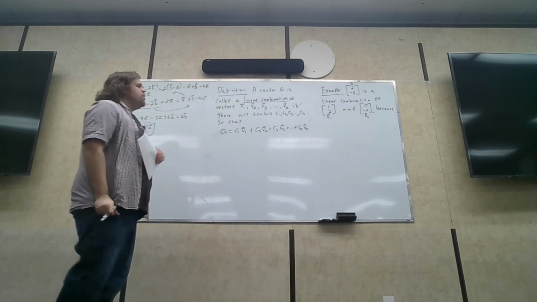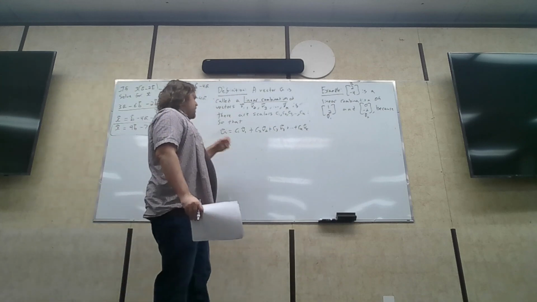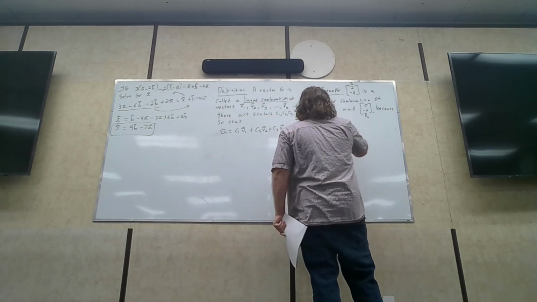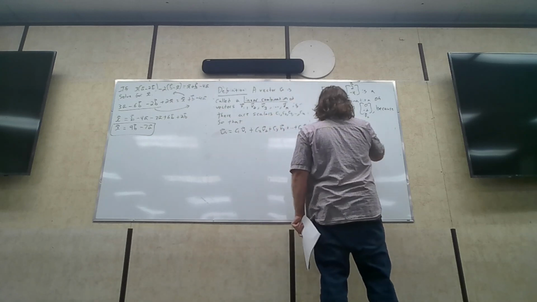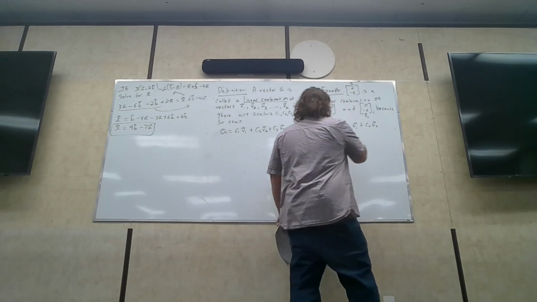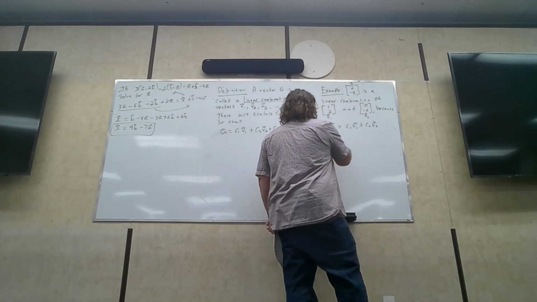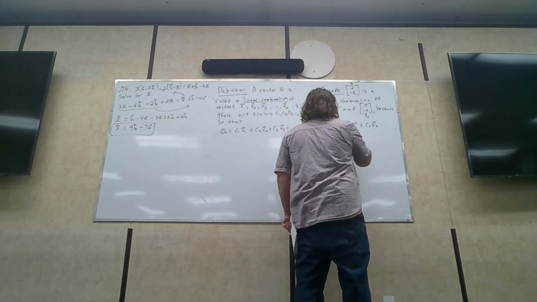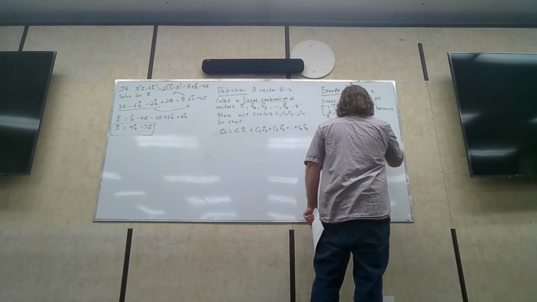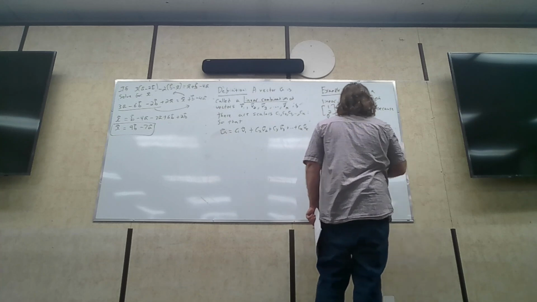If we're saying that u is a linear combination of those two vectors, that amounts to finding the numbers that go in front here. So we're saying u is equal to c1 v1 plus c2 v2 for some scalars c1 and c2.